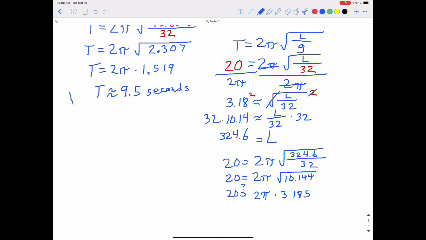And when I do that on my calculator, I actually get 20.000, then it goes 1331. But I did some rounding, so that is pretty close. So I'm going to go out on a limb and say that, yes, this is the correct answer, 324.6, and that is a very long pendulum because that should be measured in feet. So it's 324.6 feet.